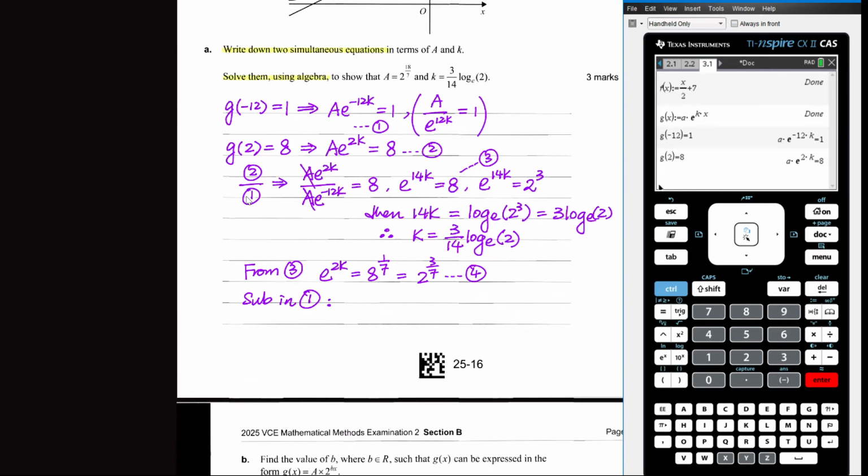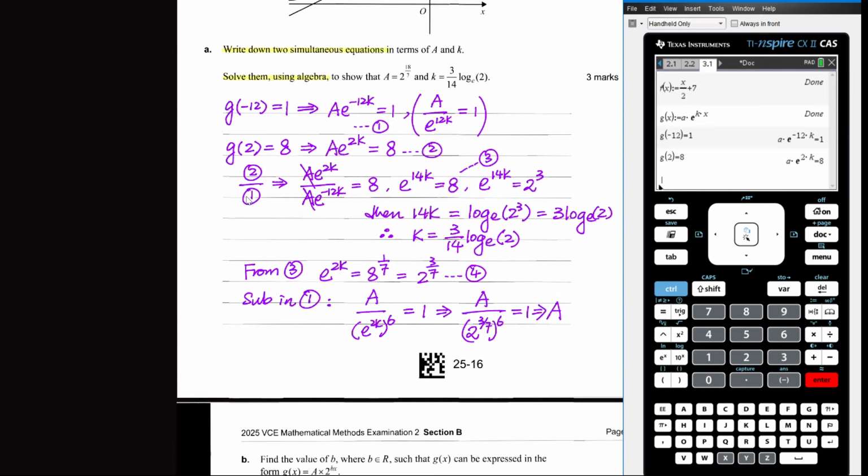So we will have, let's say, a divided by e to the power 2k to the power 6 equals 1. Gives you a divided by 2 to the power 3 over 7 raised to the power 6 equal to 1.